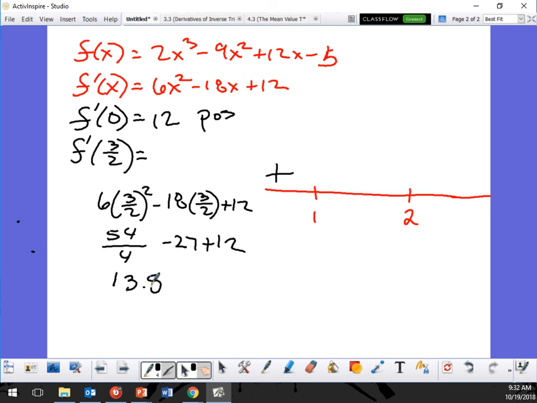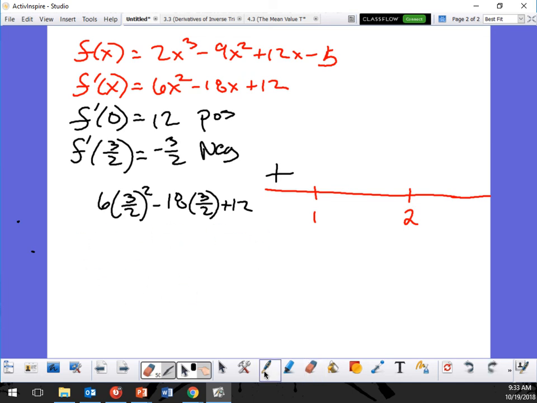Yeah, okay. Minus 27, minus 12. So what's that going to be? Did you guys do all the math on this yet? Or just stared at me awkwardly? What'd you get? I got negative 3/2. Negative 3/2? Yeah. Seems right. So we end up with a negative, and that means that the whole interval in between here is going to be negative. It's all down here, right?